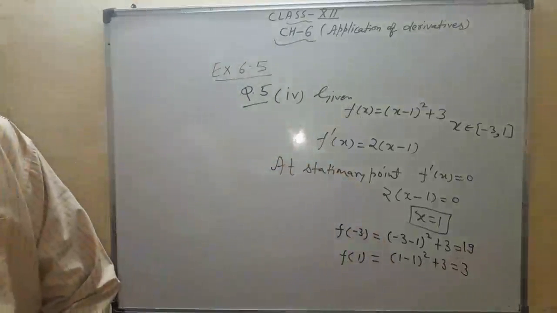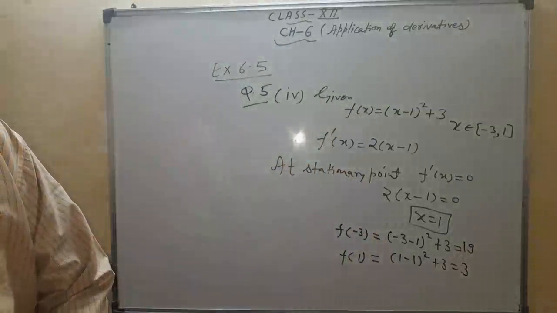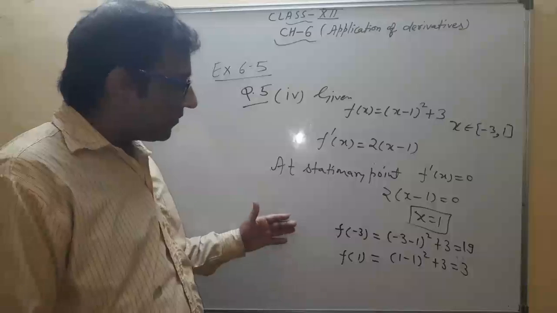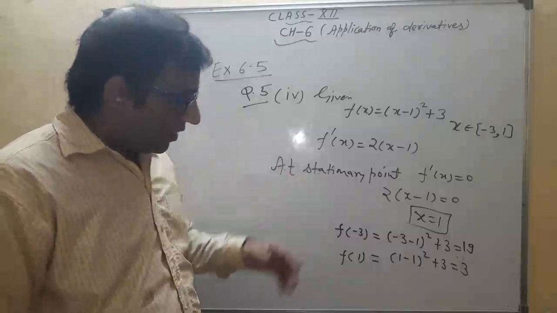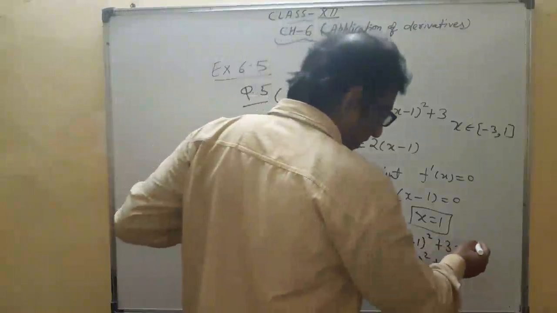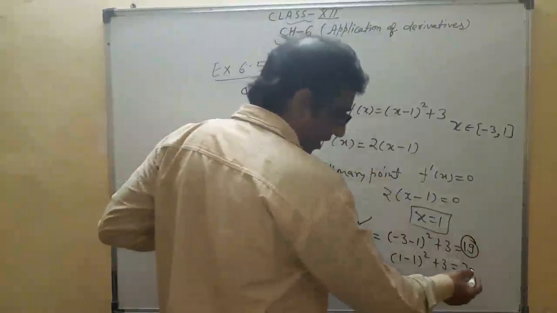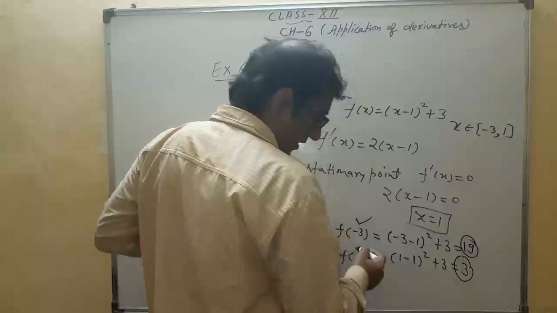Okay. So after this we can say the absolute maximum value is 19 at x equals minus 3, and the absolute minimum value is 3 at x equals 1.